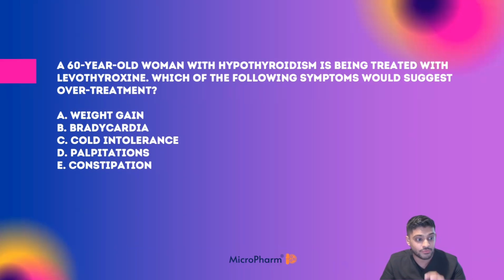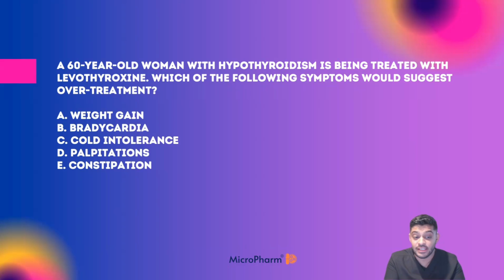So the correct answer for this was palpitations, Ashley. The reason is that in hypothyroidism everything's slow. So if you're overtreating with levothyroxine, this patient can end up having hyperthyroidism, and associated with hyperthyroidism is weight loss.